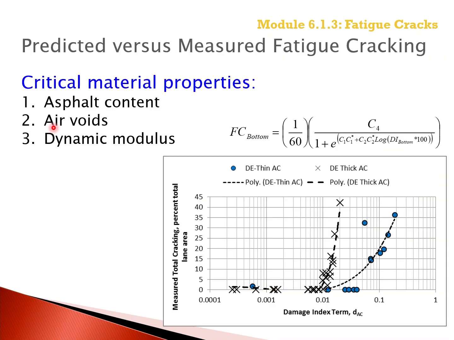So before we go forward, do not get bottom-up fatigue cracks or alligator cracks mixed up with top-down fatigue cracks or other cracks that occur from some other layer defect like segregation, layer debonding, or other construction deficiency, because that will have a significant impact on the resulting C factors in the bottom-up fatigue cracking transfer function.